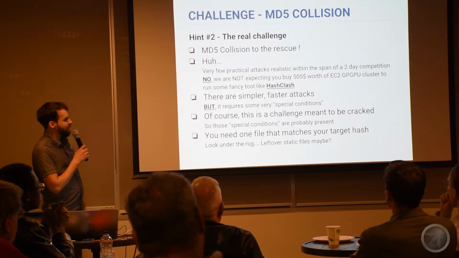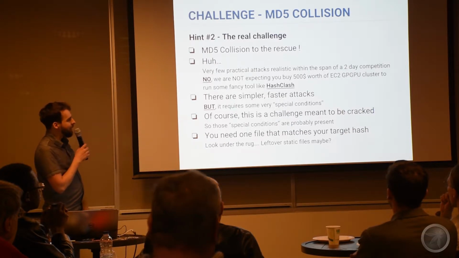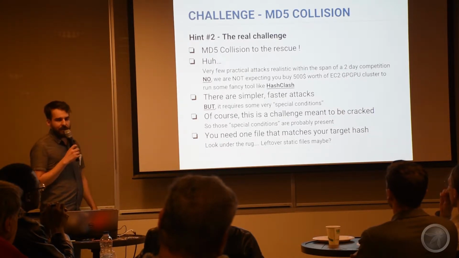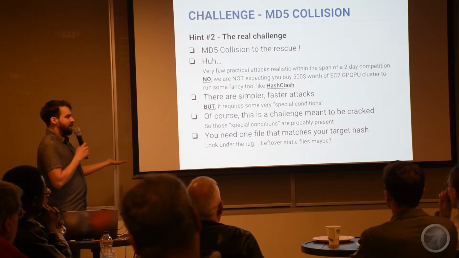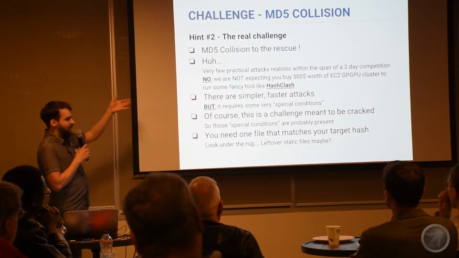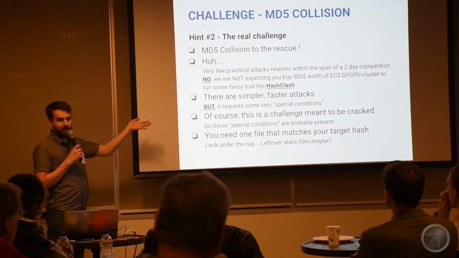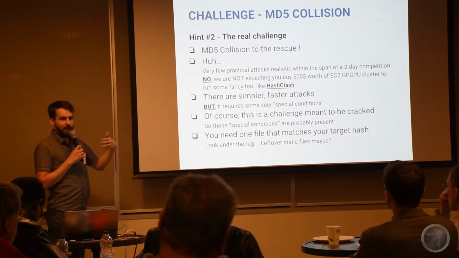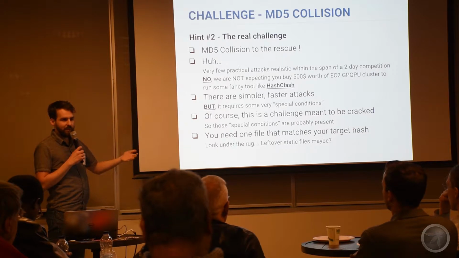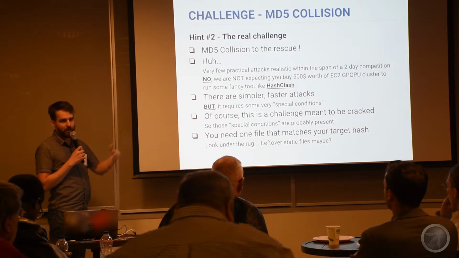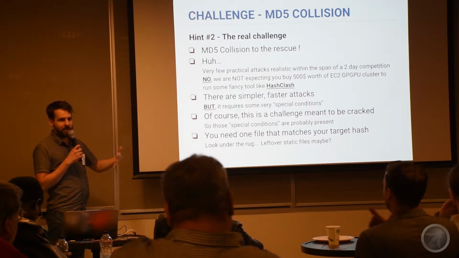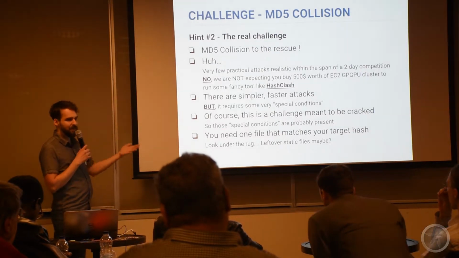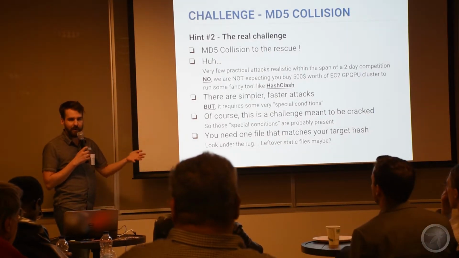So again, with all those hints that were given in the code, you start looking at various tools that are out there or academic papers. You do see that there's a few tools such as HashClash, which is extremely powerful, and you can do more exhaustive types of collision, not just purely chosen prefix, but it literally requires a GPU and like hundreds of dollars of compute time on Amazon.